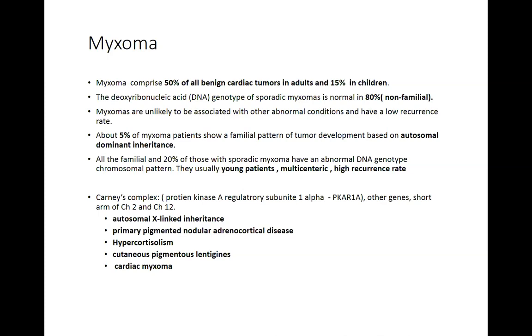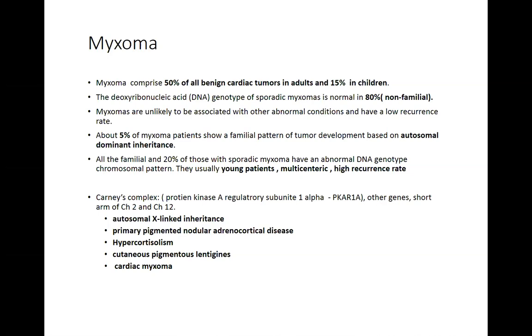In the familial form, there is a chromosomal pattern. Usually these patients are young, have multicentric tumors and a high recurrence rate. You need to know about something called Carney's complex. This is due to protein kinase A regulatory subunit 1 alpha, which we call PRKAR1A, and other genes involved.